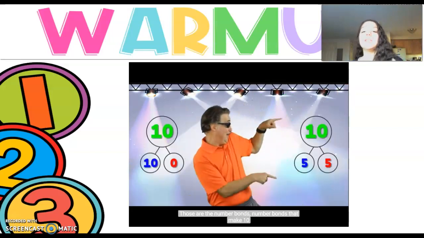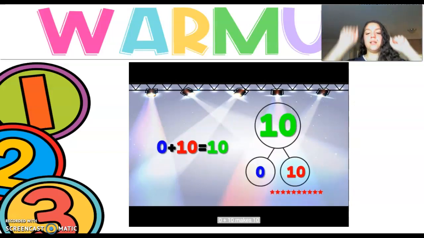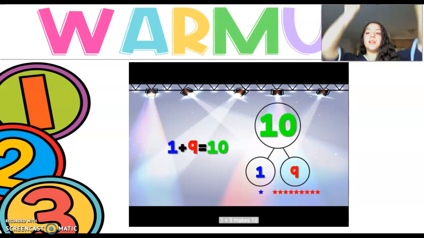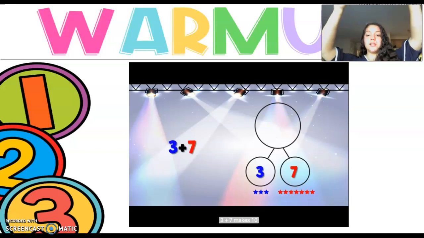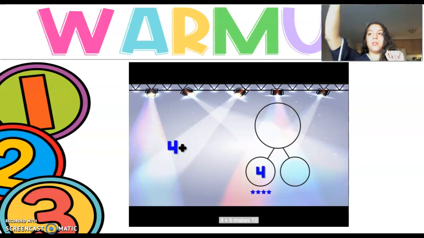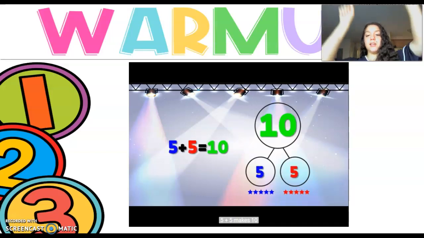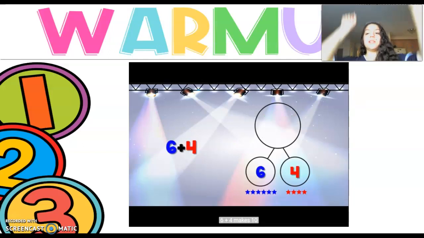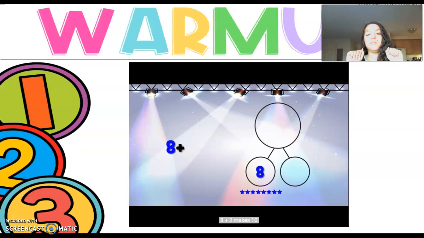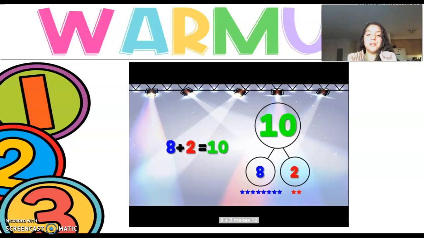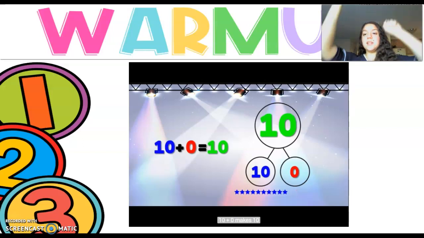Those are the number bonds that make 10. 0 plus 10 makes 10. 1 plus 9 makes 10. 2 plus 8 makes 10. 3 plus 7 makes 10. 4 plus 6 makes 10. 5 plus 5 makes 10. 6 plus 4 makes 10. 7 plus 3 makes 10. 8 plus 2 makes 10. 9 plus 1 makes 10. 10 plus 0 makes 10.